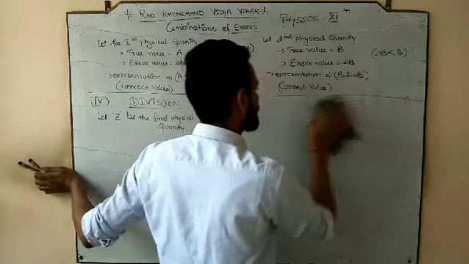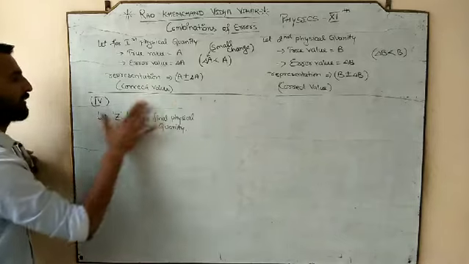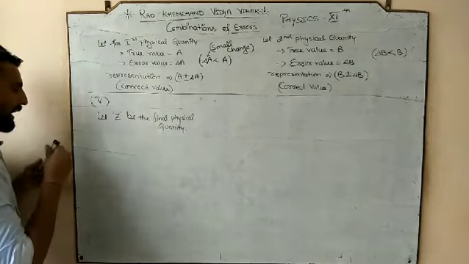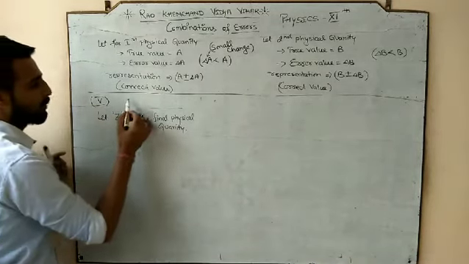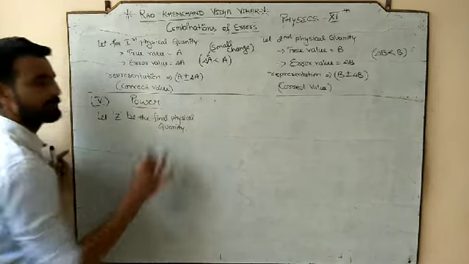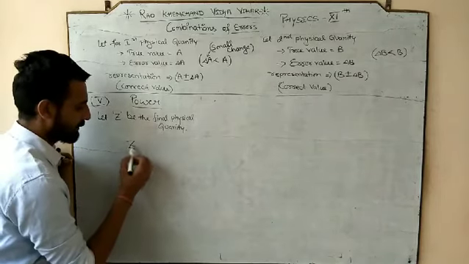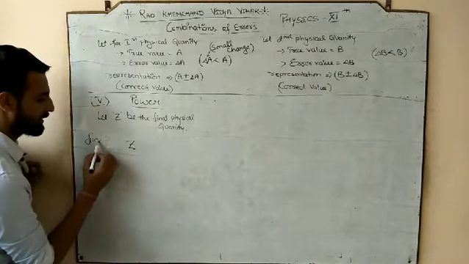So now the point is that we discussed all the four operations. We discussed addition, subtraction, everything. But I personally want to add one more, and that is power. Let's suppose Z means the final true value.